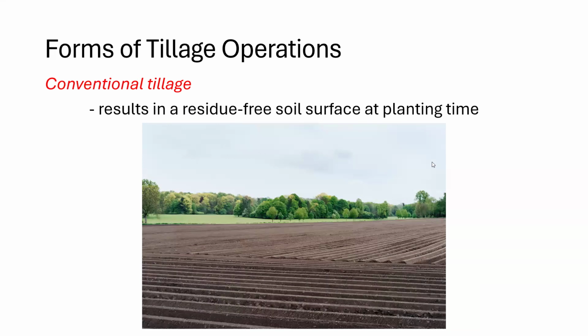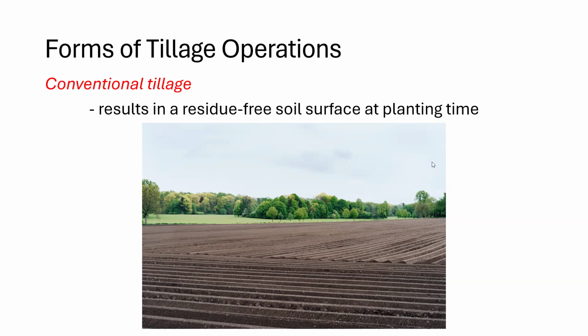So kapag conventional, ginagawa natin both yung primary and secondary tillage operations. And it results in a residue-free, so meaning walang mga weeds, walang mga stubbles. So clear siya from weeds and stubbles.